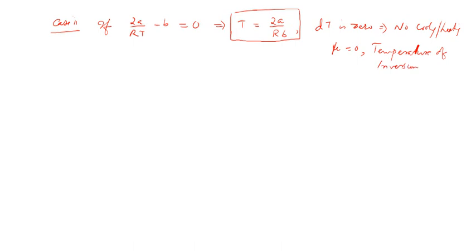Temperature of inversion, that is something very, very important. I'll come back to this temperature of inversion at the end. Now the third case, let me discuss case 3. The quantity in the bracket, that is 2a by RT minus b, is less than 0, or in terms of the temperature of the sample, T is greater than 2a by RB.